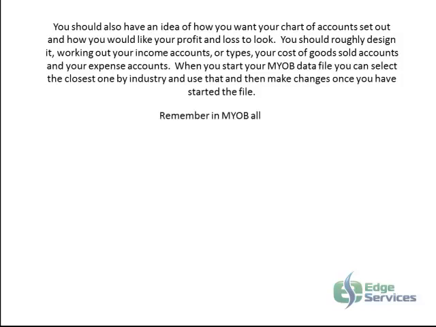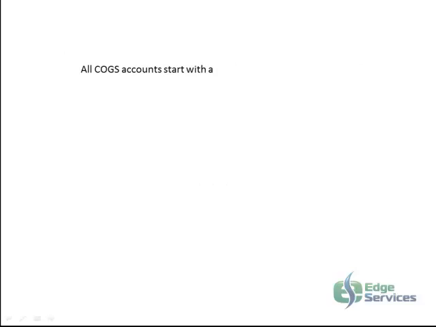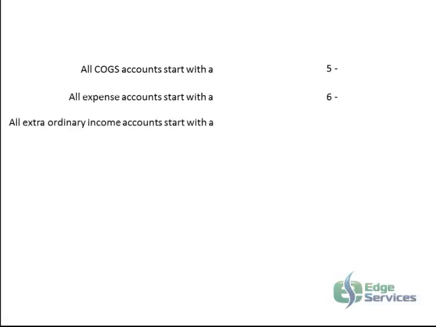Remember, in MYOB, all asset accounts start with a 1, all liability accounts start with a 2, all equity or capital accounts start with a 3, all income accounts start with a 4, all cost of goods sold accounts start with a 5, all expense accounts start with a 6, all extraordinary income accounts start with an 8, all extraordinary expense accounts start with a 9.